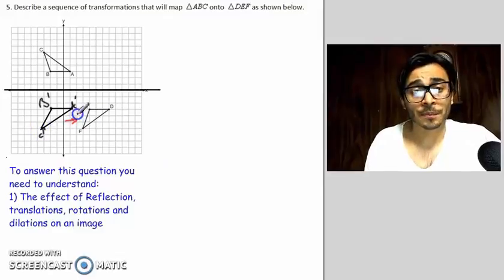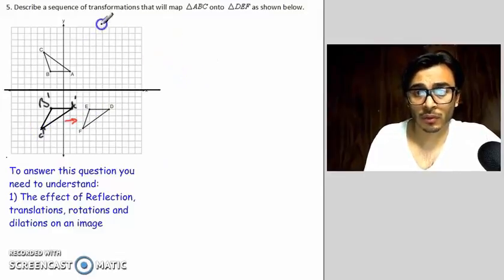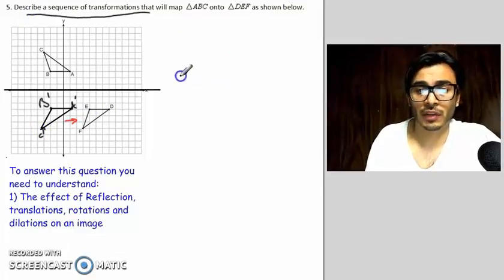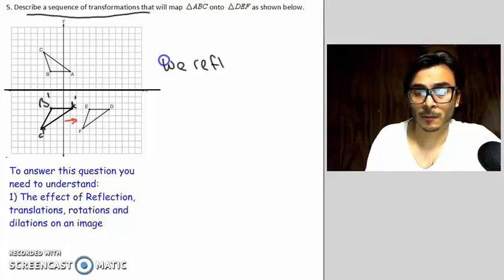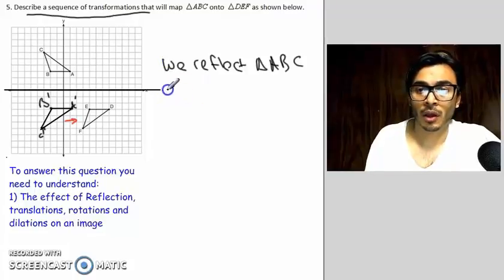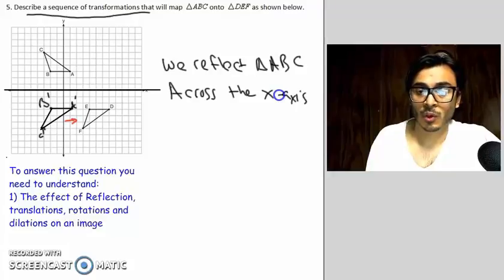So my answer is going to be, to describe the sequence of transformations, I'm going to say we reflect triangle ABC across the x-axis, which, by the way, is also the line y equals 0.